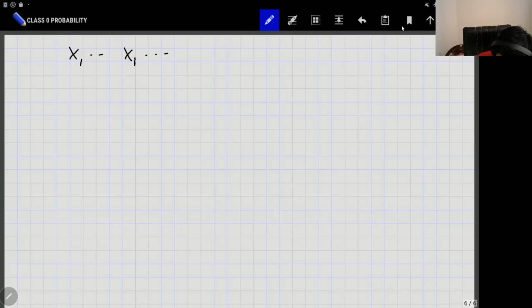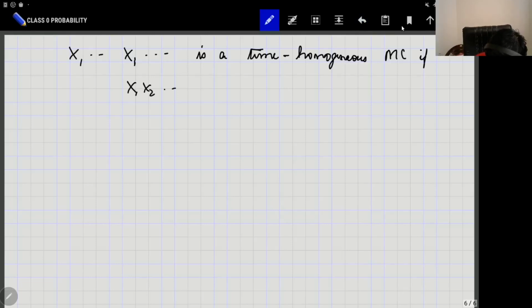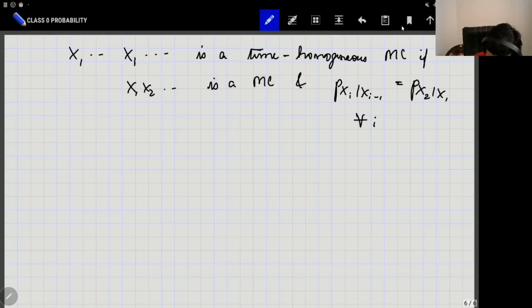A sequence of random variables is a time homogeneous Markov chain if, of course, the xi's form a valid Markov chain, and p of xi given xi minus 1 does not really depend on i, so it is the same as p of x2 given x1 for all i.